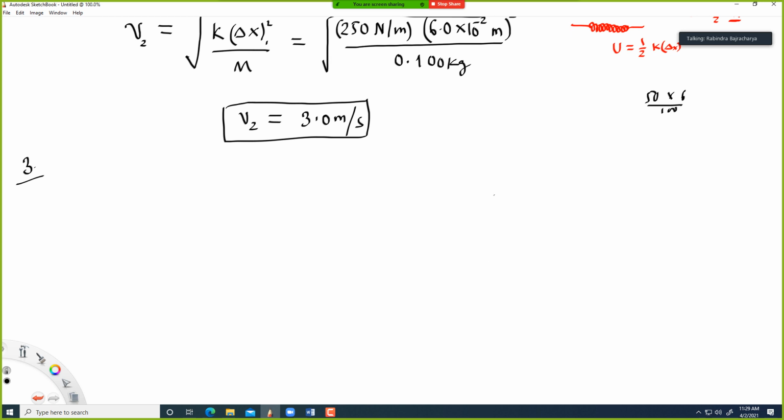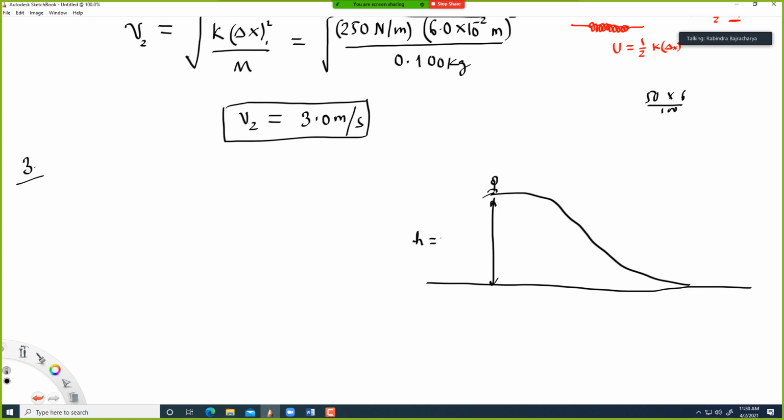So this starting point, the initial height, is 9 meters. She pushes off with an initial speed of 2 meters per second.